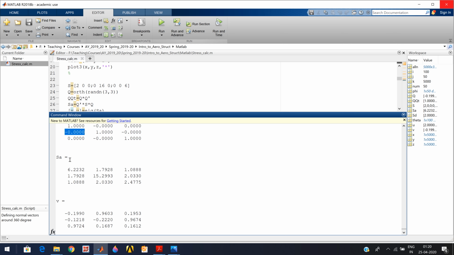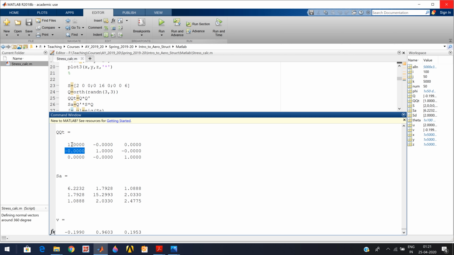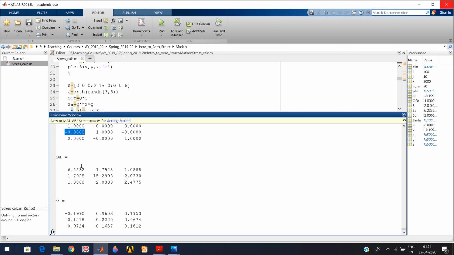And then SA is defined using this Q matrix. So this is the tensor transformed to some arbitrary coordinate system, basis vector.